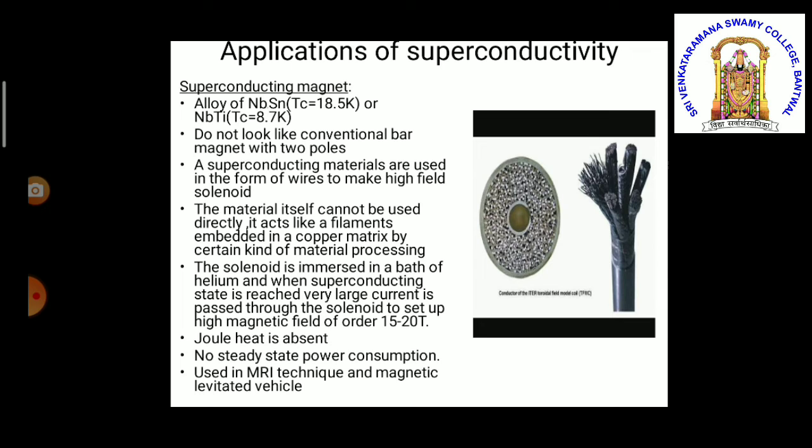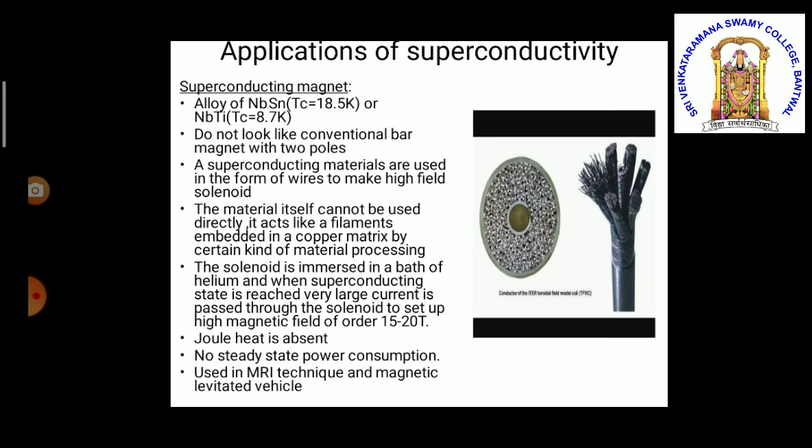Now it is very important, that is, application of superconductivity. Superconductivity is famous because of its applications. So superconductors can be used as magnets, but they don't look like a conventional bar magnet. Superconducting magnets.